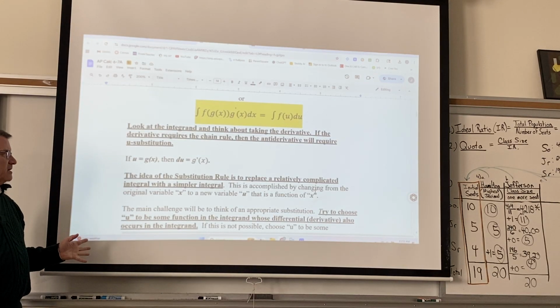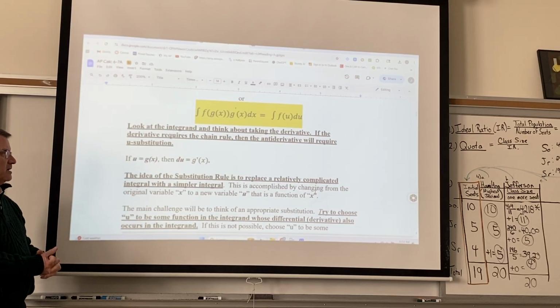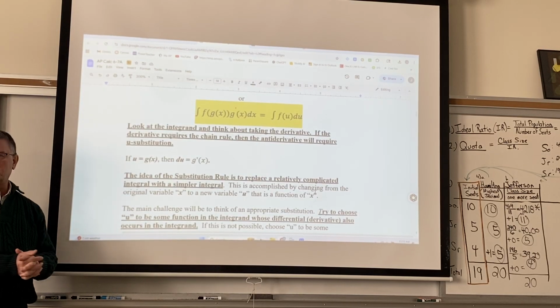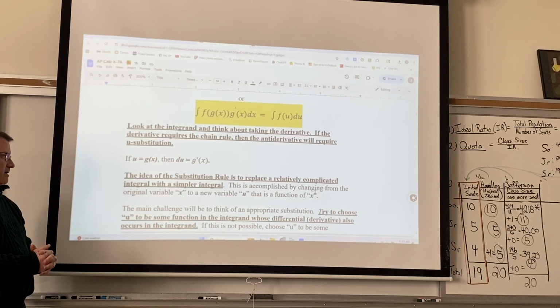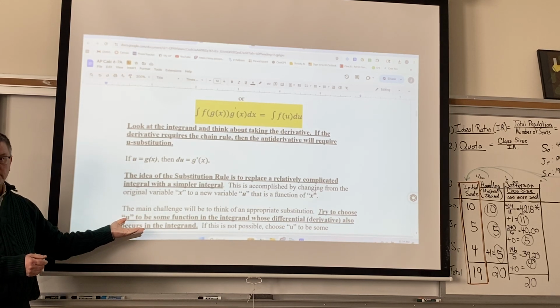The whole point of this, and you're going to see it today, is to replace something that looks kind of complicated with something that looks pretty simple. Trust me on that, okay? And here's where I say, try to choose u to be some function in the integrand whose derivative also seems to be in the integrand.